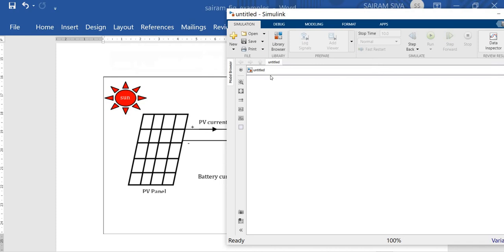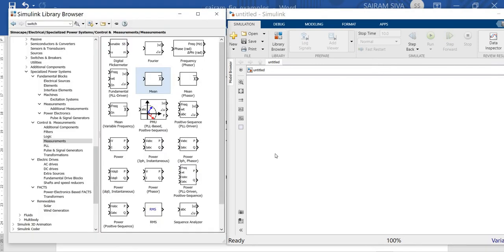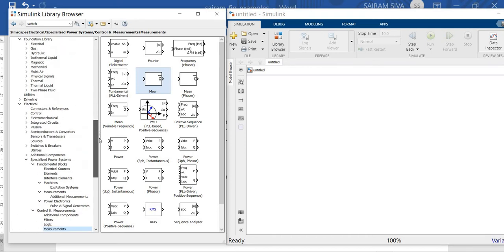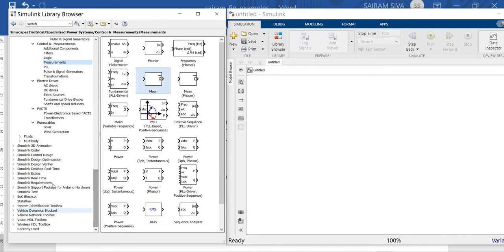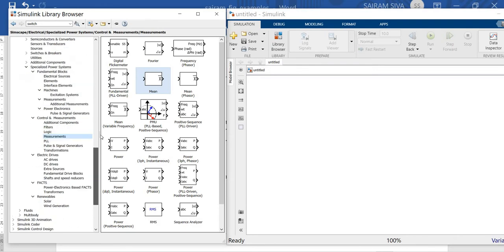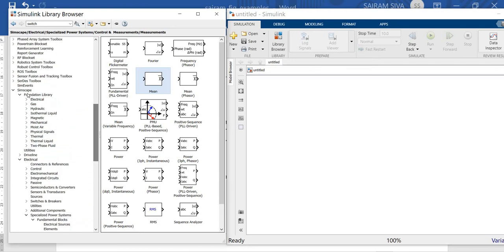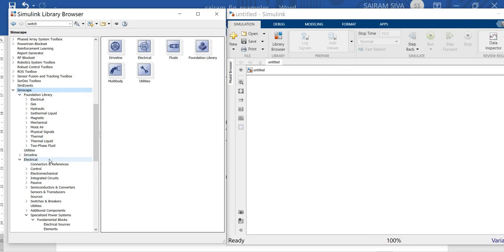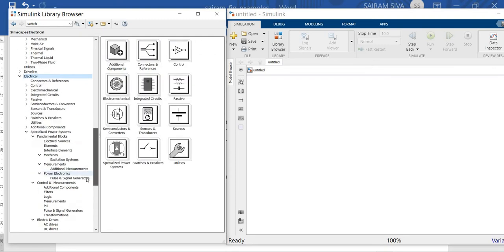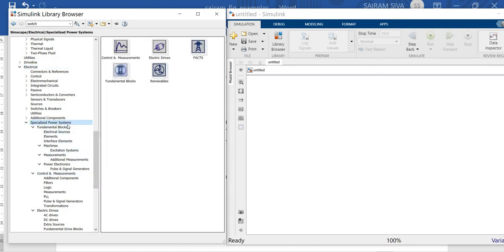First we need the solar panel. Where are we going to get the solar panel? This is the Simulink library browser. In the SimCap tab, it is further subdivided into electrical, and the electrical technology is subdivided into specialized power system.